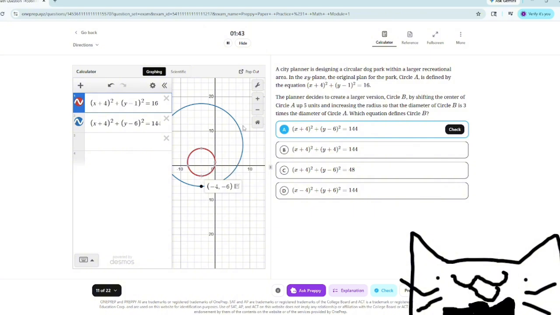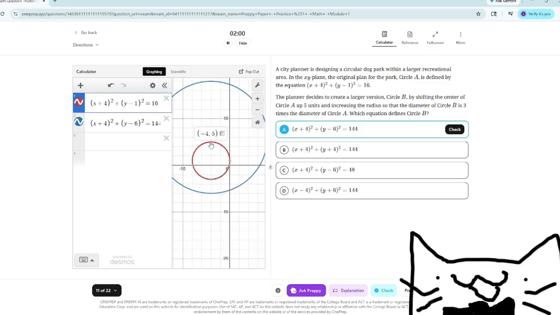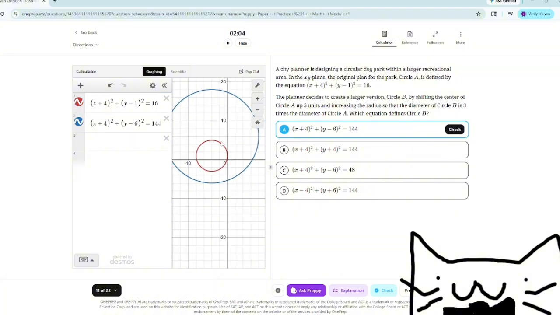So, yes, you can just plug the equations into Desmos, which I did. I put in the first one, and then I did the second one, and you could check the diameter of it, which is basically the y value. So you have 5 to negative 3, which means that the diameter is 8, radius is 4, right?